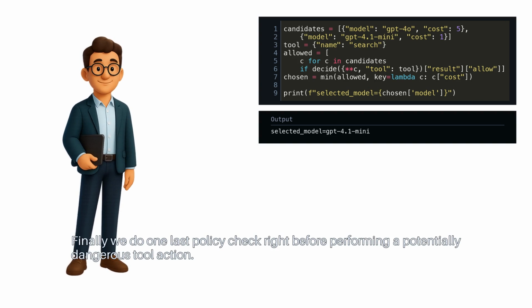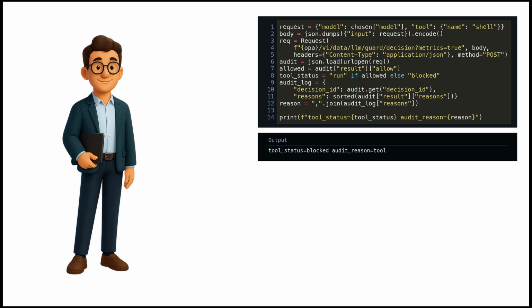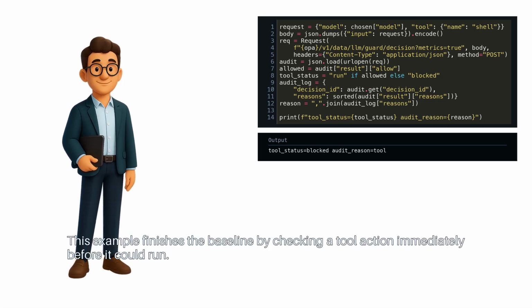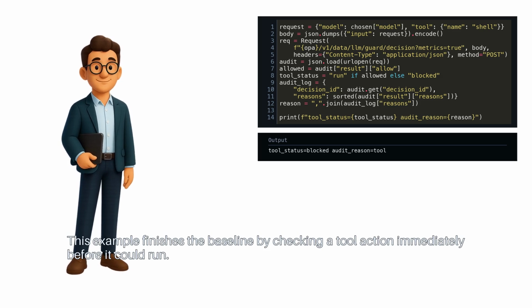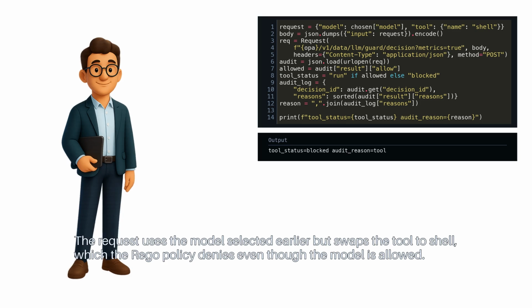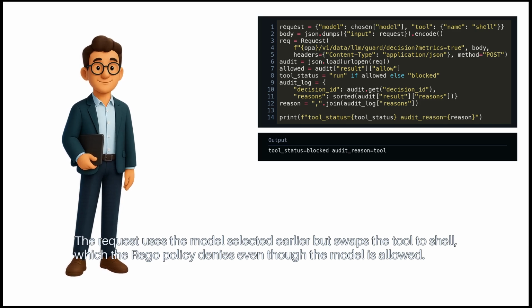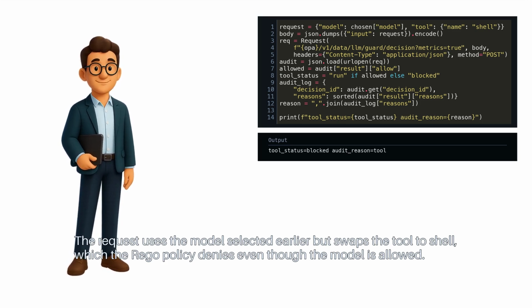Finally, we do one last policy check right before performing a potentially dangerous tool action. This example finishes the baseline by checking a tool action immediately before it could run. The request uses the model selected earlier but swaps the tool to shell, which the Rego policy denies, even though the model is allowed.